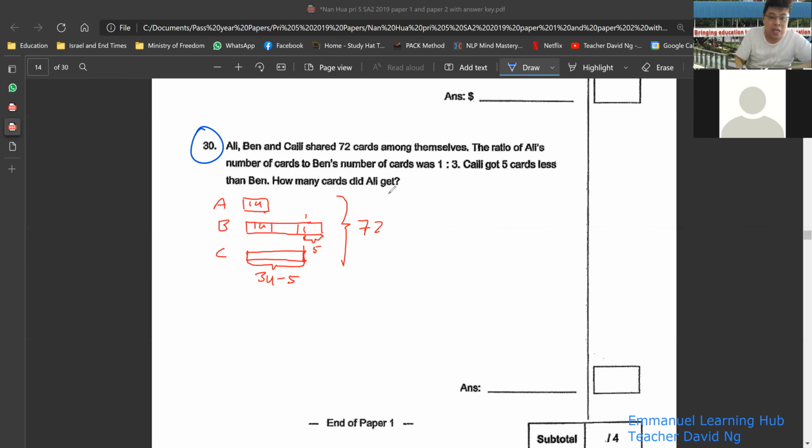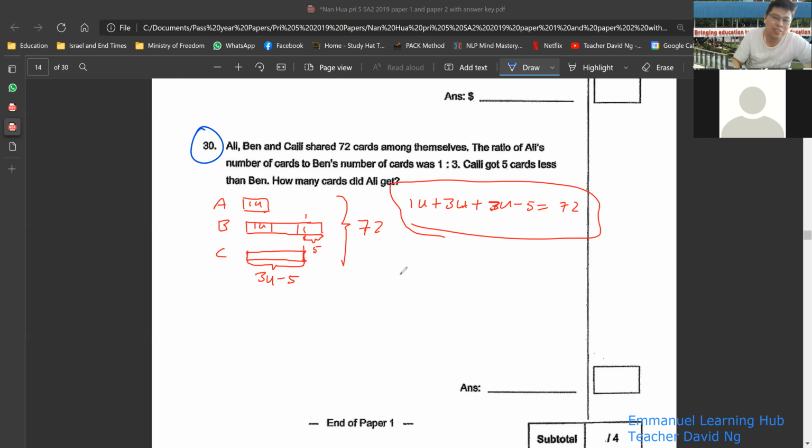Then, how many cards did Ali get? Do you agree 1 unit plus 3 units plus 3 units minus 5 equals 72? Yes, that's right. Based on the model, how do I get this? Let's say I don't draw the model. It's quite hard to write this out.